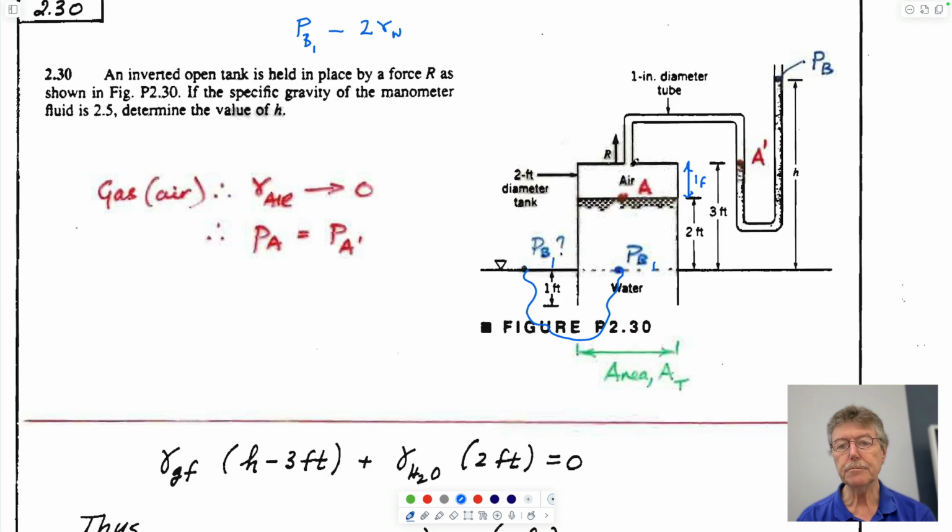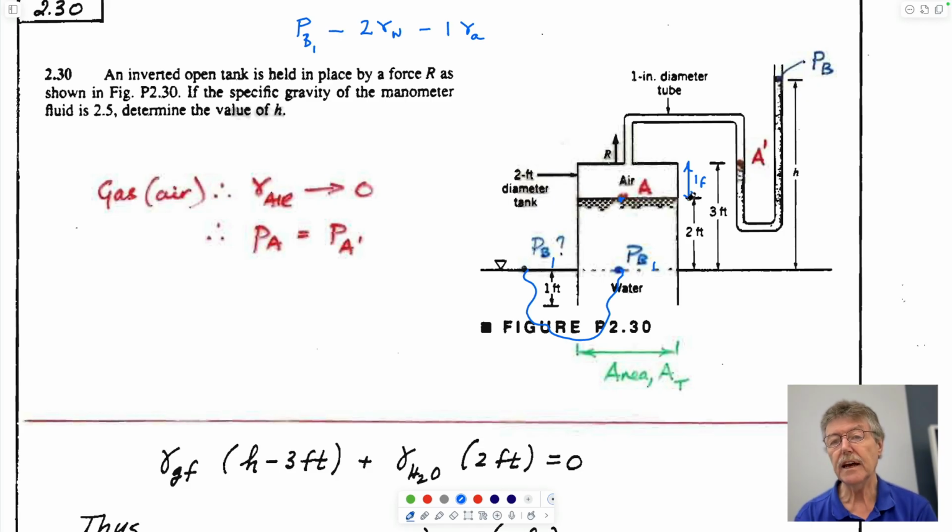So we could go up to this point here, and we could subtract off 1 foot of the unit weight of air. But we don't need to do that because this is in air, and air is 1,000 times less dense than water. So that's 3 decimal places in our calculation we're not going to care about. And so we could have gone directly here, and the pressure at point A is actually the same as pressure A here.